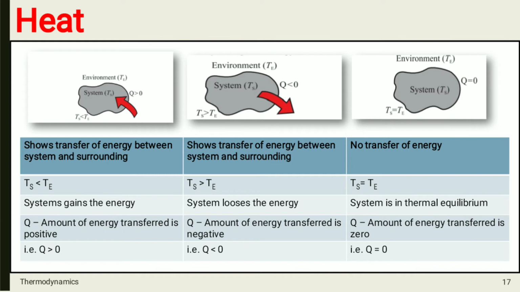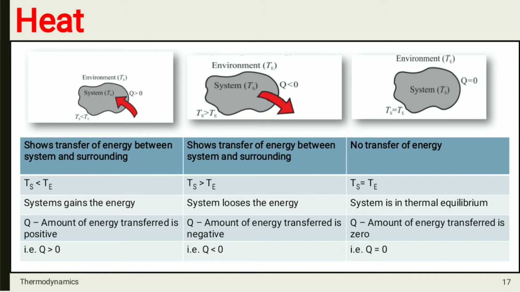On your screen you can see three figures, in which the first figure shows system and environment. System gains energy from the environment. This is because temperature of system is less than temperature of environment. Here Ts is the temperature of system, Te is the temperature of environment, and Ts is less than Te.